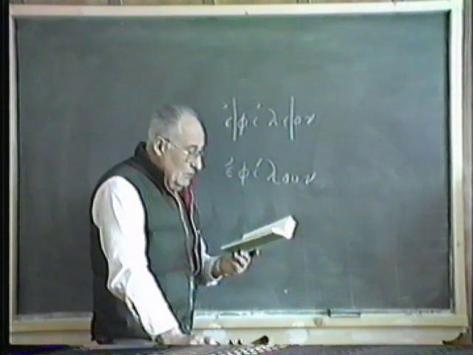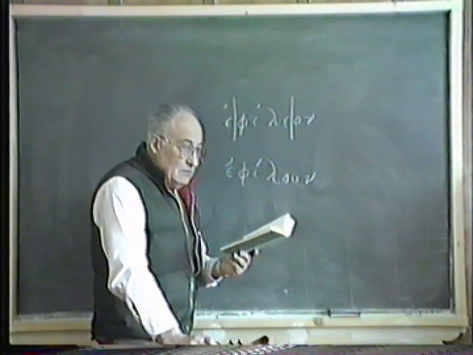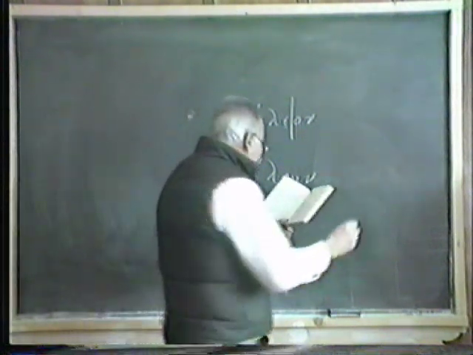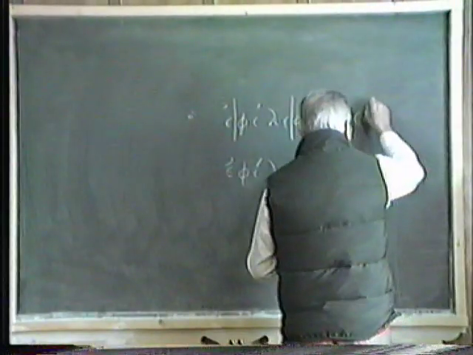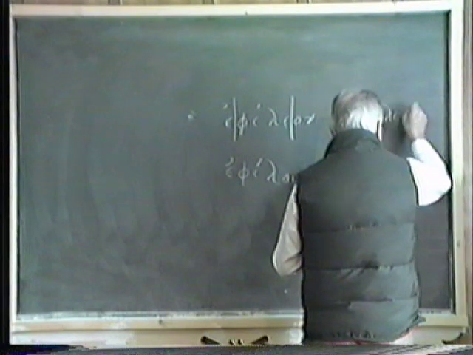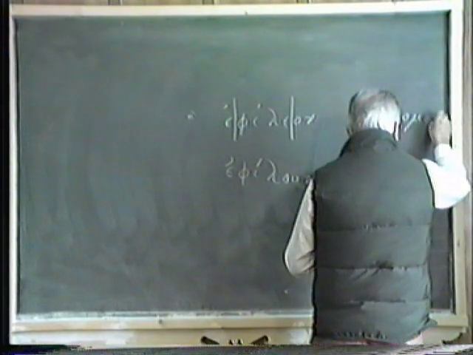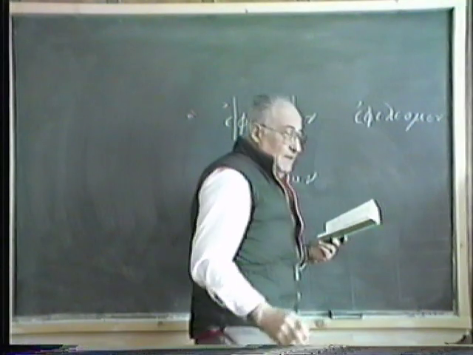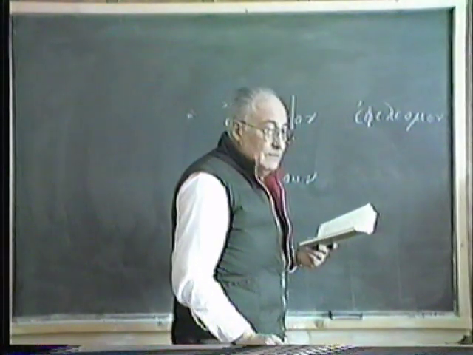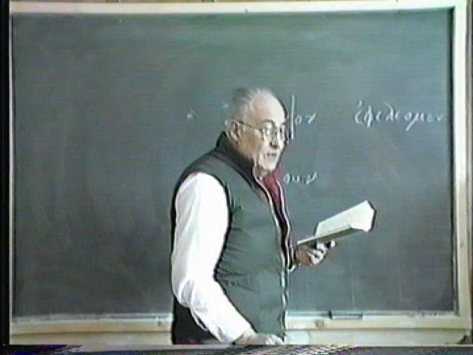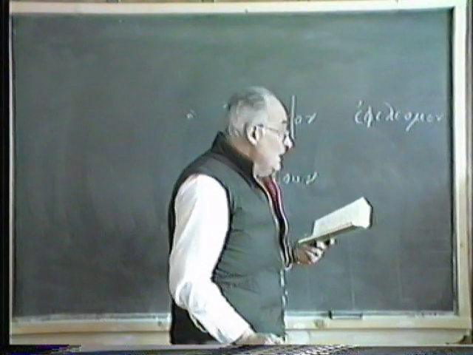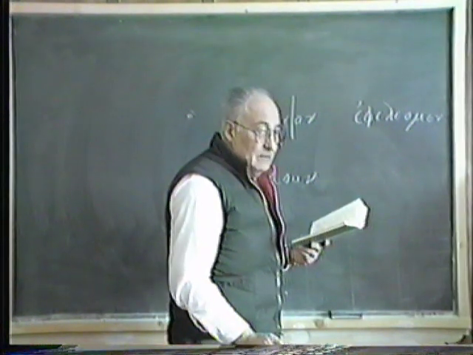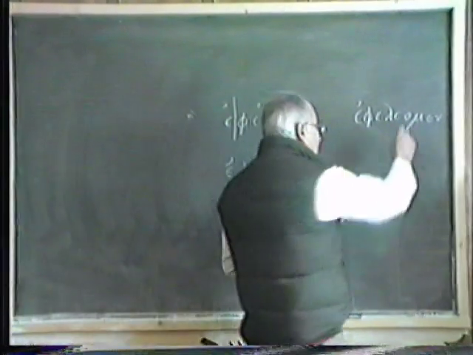Now then, let's go to the first person plural, which is e-phi-le-o-men. Right? Now then, where does your accent fall? On the uncontracted form. Antepenult. On the antepenult, and your antepenult is where? The epsilon. The epsilon.